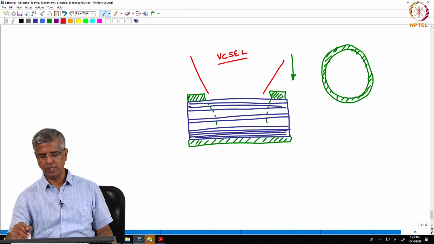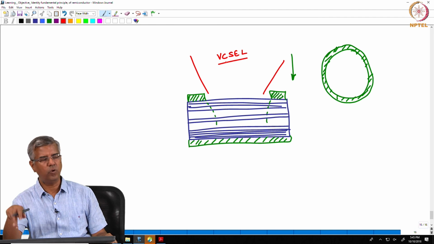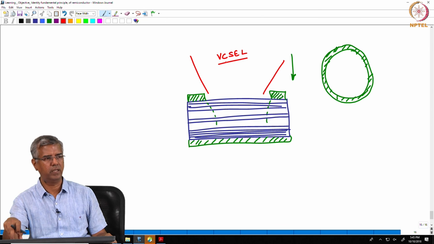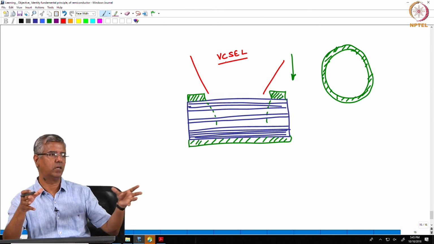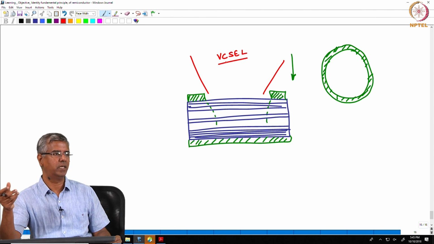Like I said yesterday, the beam quality of VCSELs is defined by the ring structure. So, you can get a nice circular beam as opposed to the astigmatic beam that you get from edge emitting lasers.